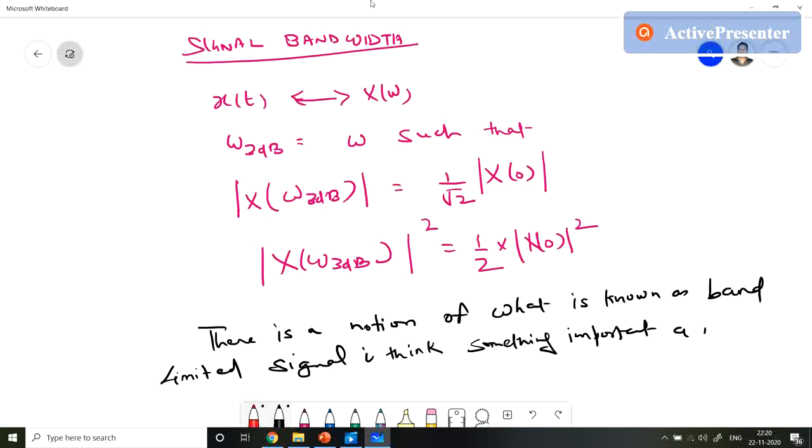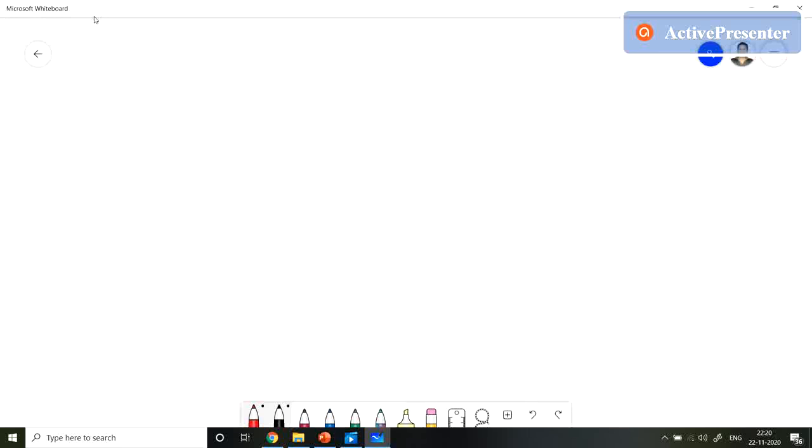A notion of x(t) is a band limited signal.